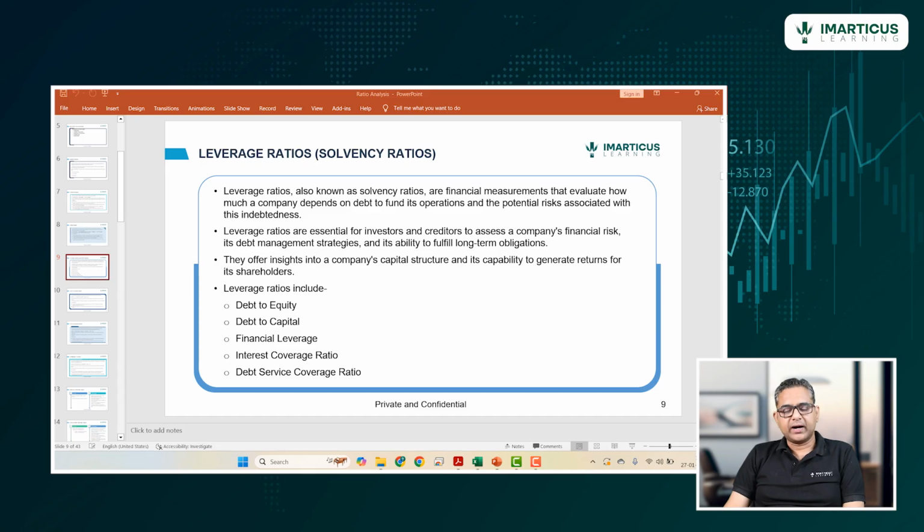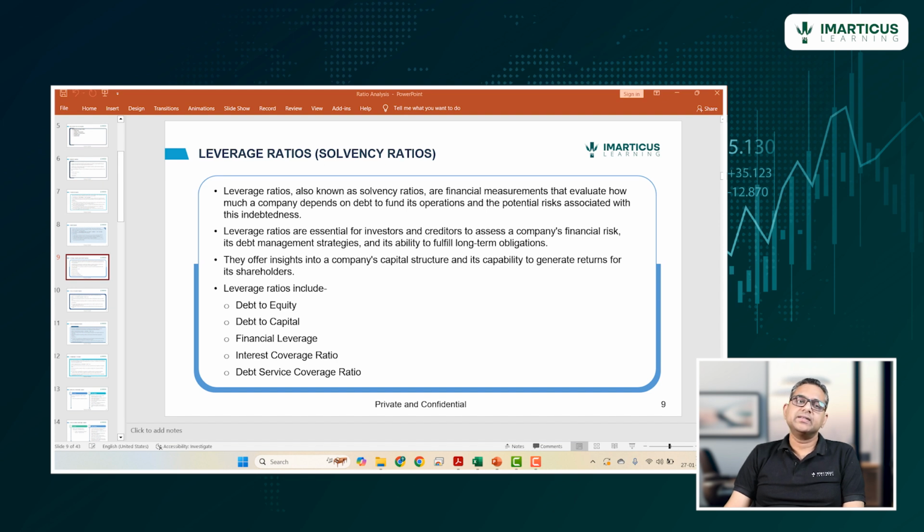One of the important factors we need to keep in mind while evaluating any company is the amount of debt funding they have, right? The proportion of debt in the capital structure. Debt in the long term can create problems. Why? Because when we are funding through debt, debt can be relatively cheaper than equity. I mean, the cost of debt would be lower than the cost of equity for the company.